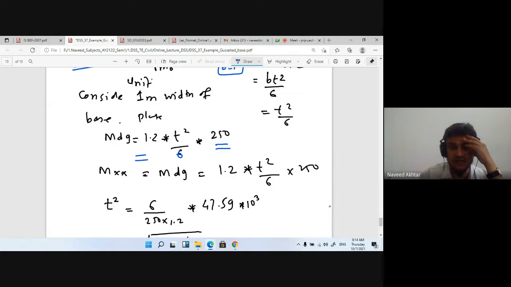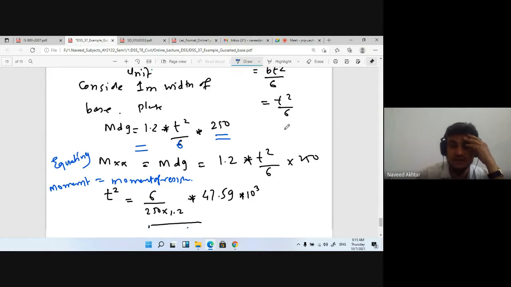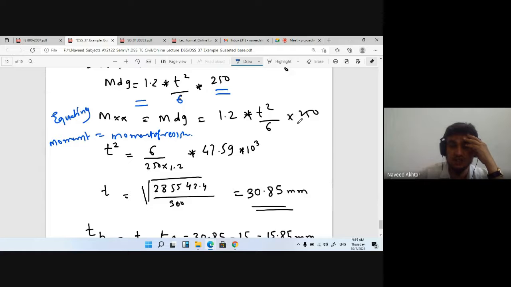Now we equate the moment with the moment of resistance. Moment of resistance, that is MR. So we know that MDG is 1.2 into T square by 6 into 250.